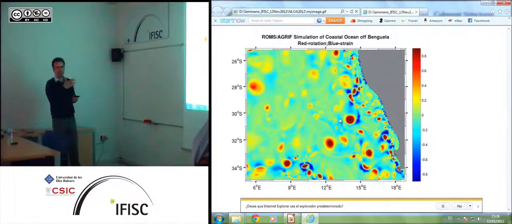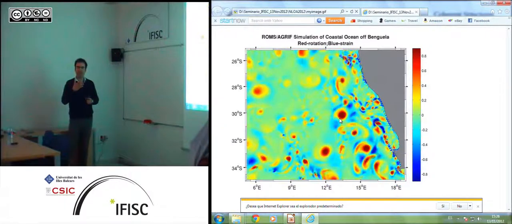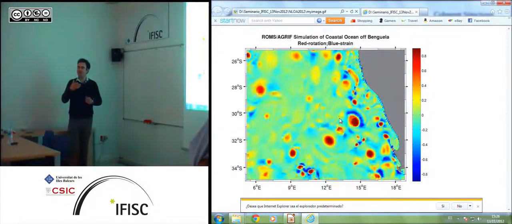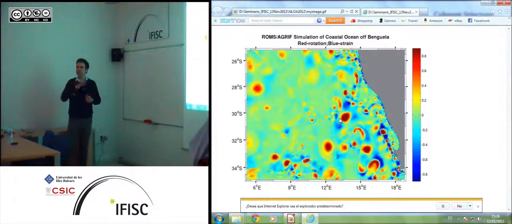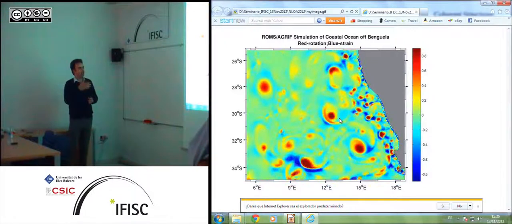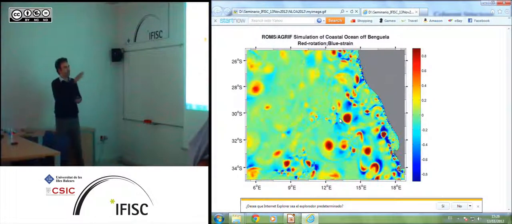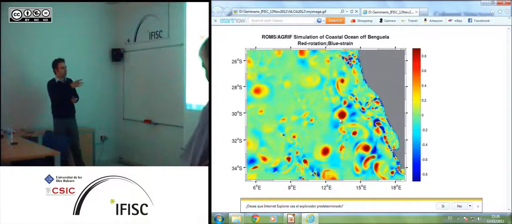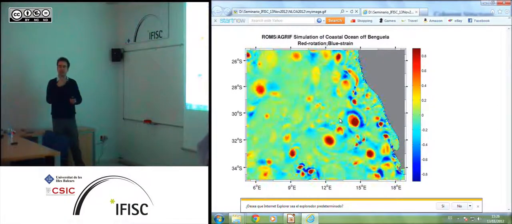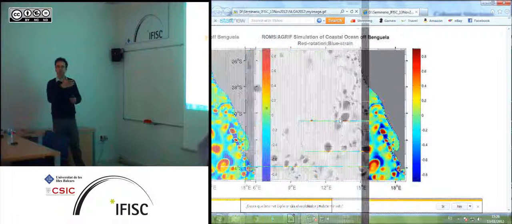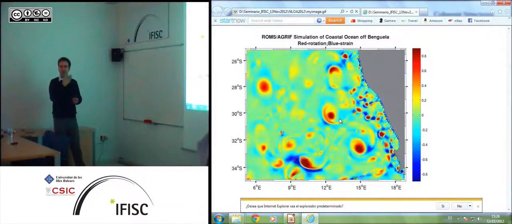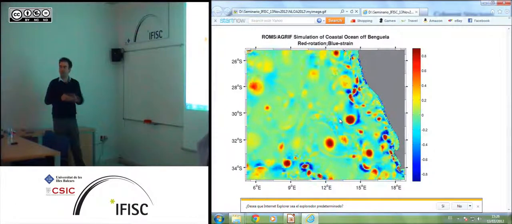This work is done at the mesoscale, and in terms of turbulence, it's the most energetic scale of motion in the ocean. At these scales we have this kind of behavior, and the characteristics of the motion at this mesoscale are favorable to the appearance of these Lagrangian coherent structures.